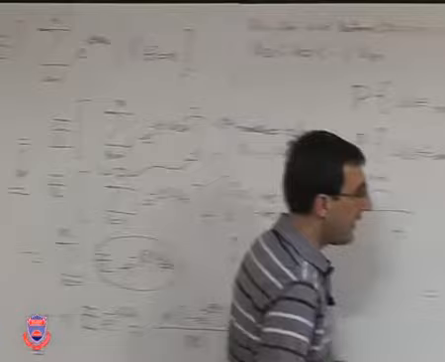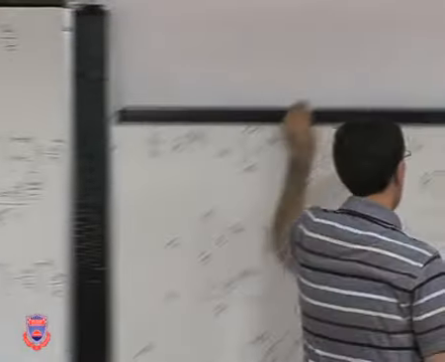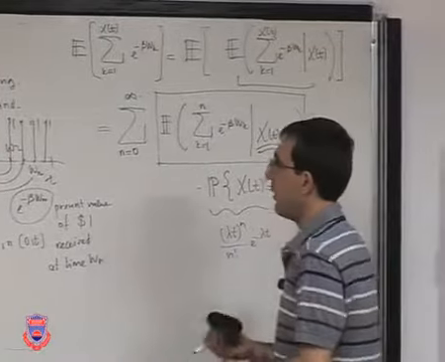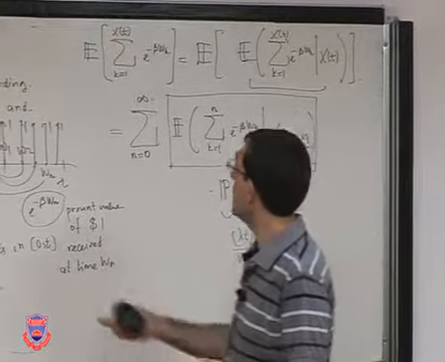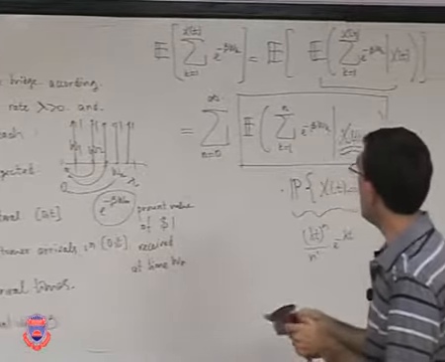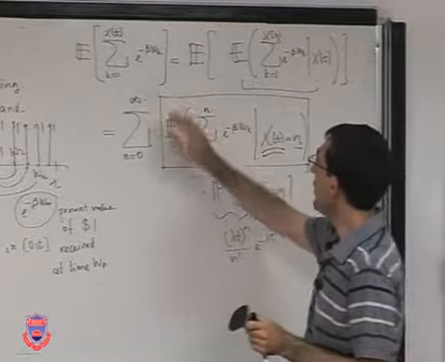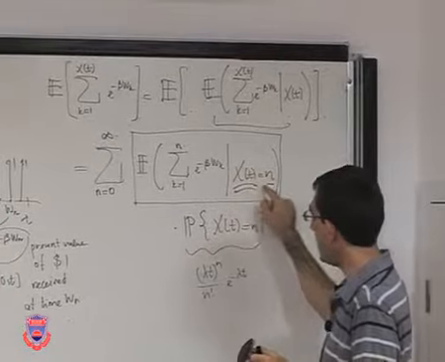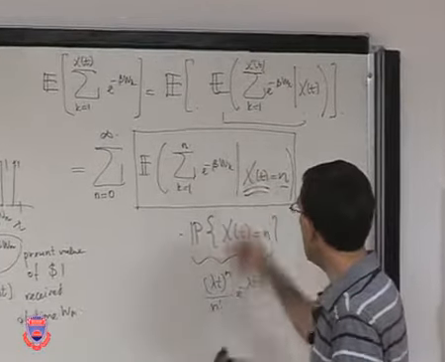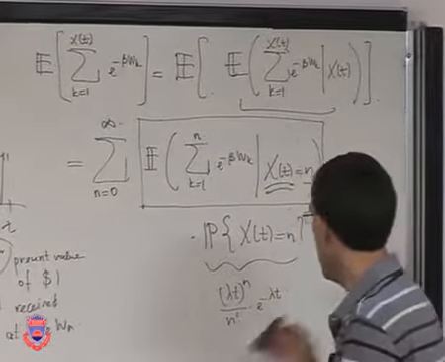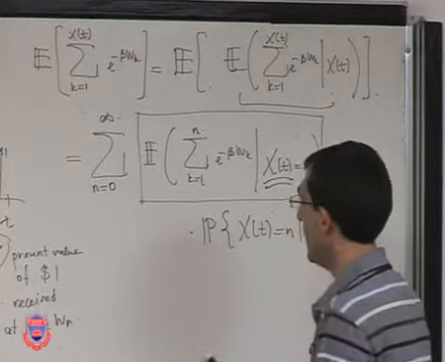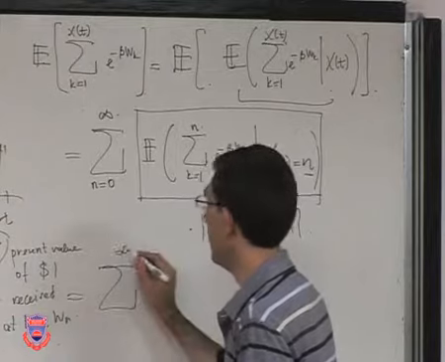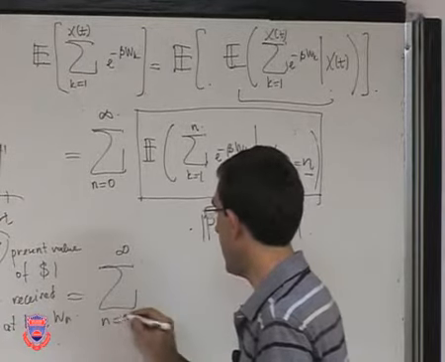Then we can come back to our original problem. We were interested in this expected present value, which we first conditioned on the number of arrivals, and then we know the answer for this part. So we will just plug that expression into this formula.